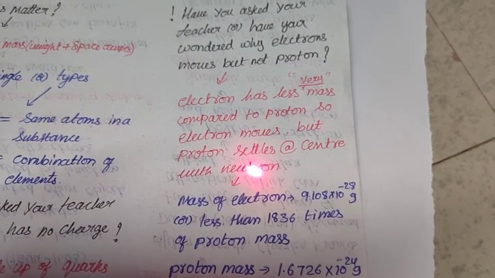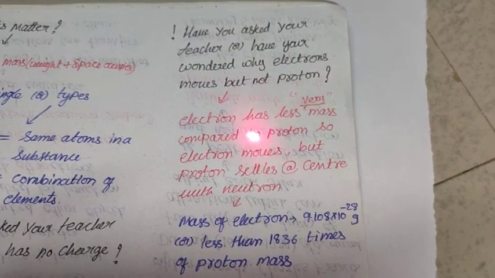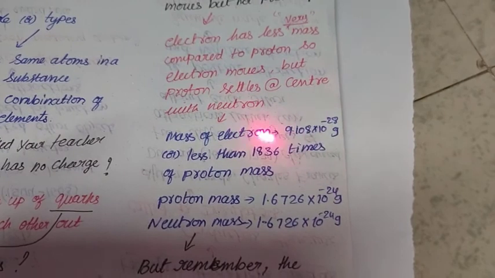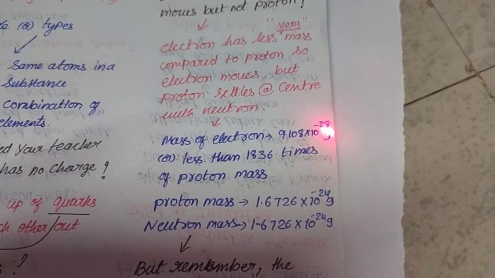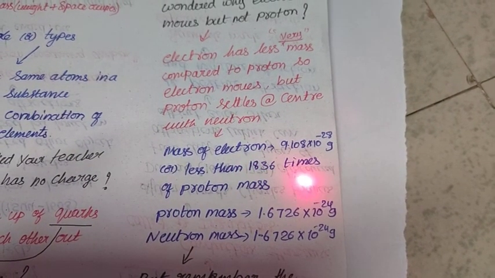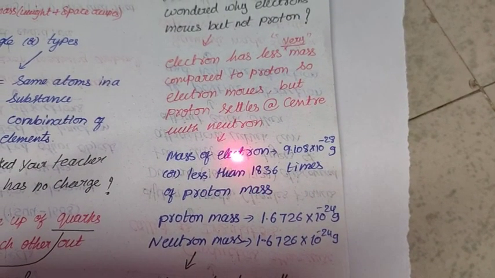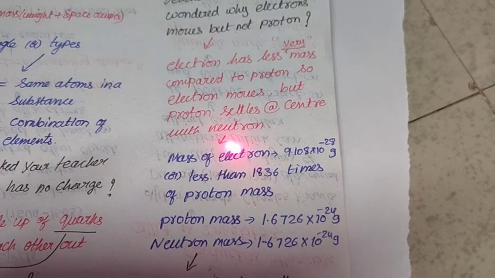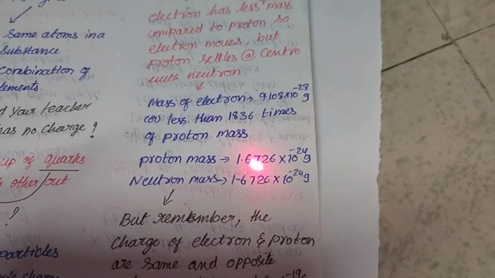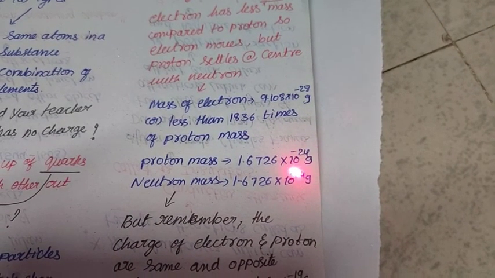Okay students, why does the electron move? It has very little mass compared to the proton, so the electron moves. Mass of electron is 9.108 into 10 power of minus 28 g, which is less than the proton mass by 1836 times. That is such a small value compared to the proton mass, 1.6726 into 10 power of minus 24 g.